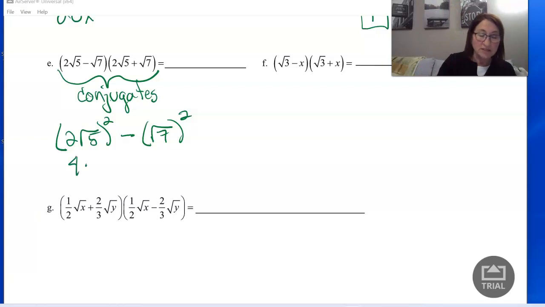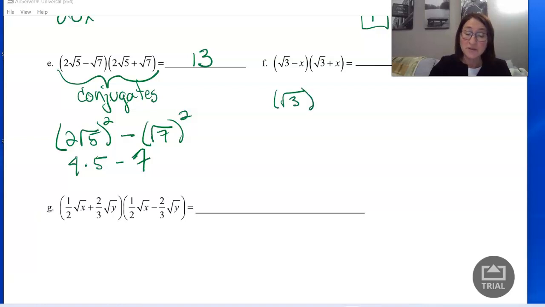So it'll be 4 times 5 minus 7, or 20 minus 7, which is going to be 13. Let's look at this next one. So again, conjugates. So it's going to be root 3 squared minus x squared, or 3 minus x squared. That's all there is to it.